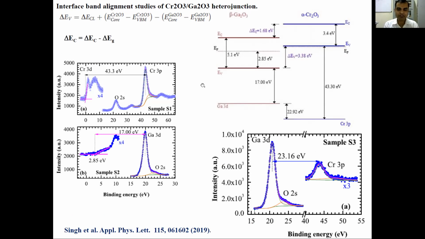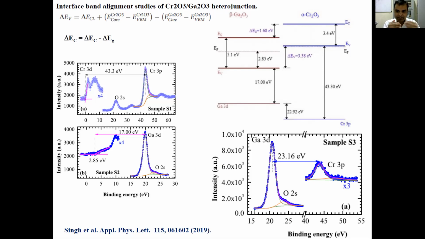How do we do that? Suppose I'm making a heterostructure, say of p-n junction type material, or any two different metallic systems, or any two different semiconducting systems. When those two materials come into contact, they try to align their Fermi level.